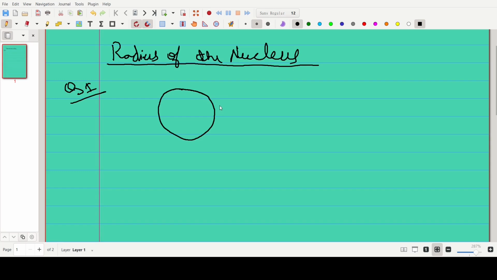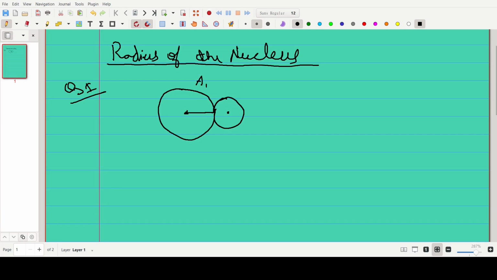Suppose we have two nuclei and they are touching each other at some point. This is nucleus 1 and this is nucleus 2.